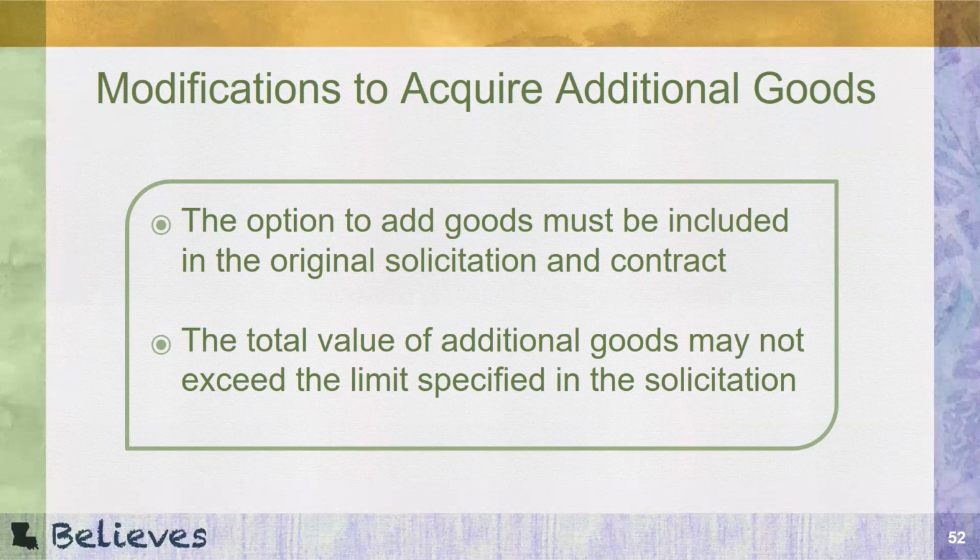I like to see this in contracts because it gives you a lot more flexibility, and it's a clause where you can acquire additional goods into a contract, and there's some language in your procurement plan that you can put into your proposals to be able to add goods and services to a contract.